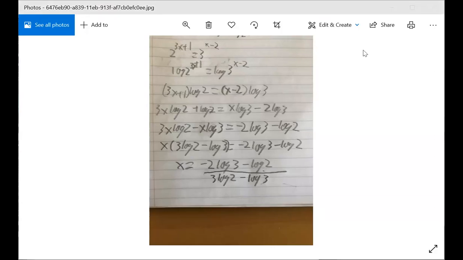Now I pretend I'm grading his work. He took logarithm on both sides. Very good. Parentheses in place, perfect. Distribution, excellent.